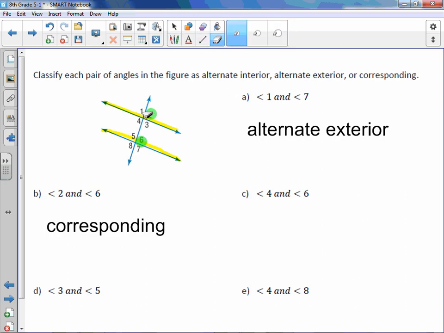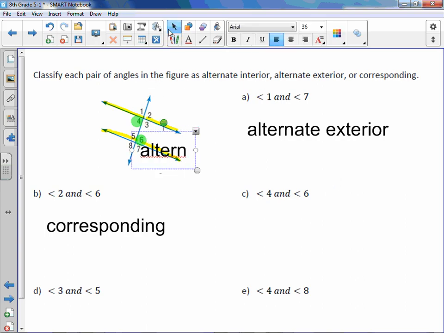Angle 4 and angle 6. Here's 4, here's 6. They're both on the inside of those parallel lines, and they are alternating the transversal. Therefore, they are alternate interior angles.